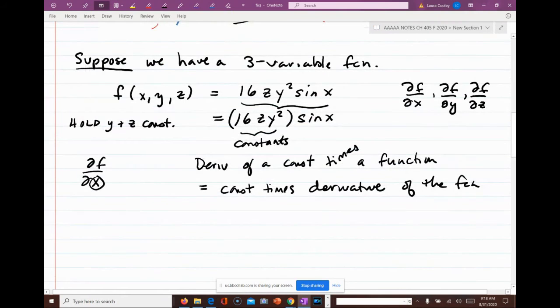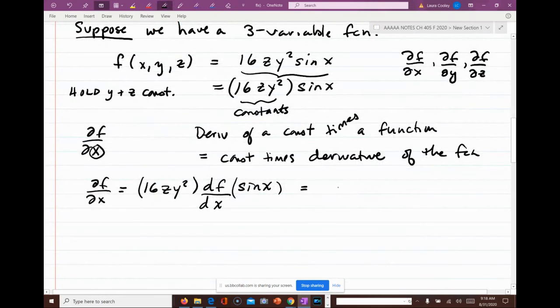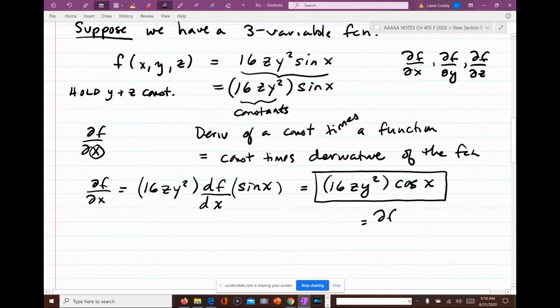So that would mean that df/dx would be those constants times the derivative, now just a derivative because there's only one variable, with respect to x of sine x. Well, what's that? The derivative of sine is cosine. Here are your constants, and now I just write cosine x. So this is the partial derivative of that function with respect to x.